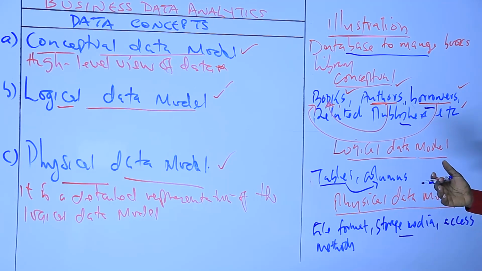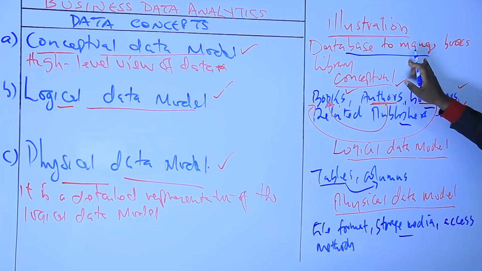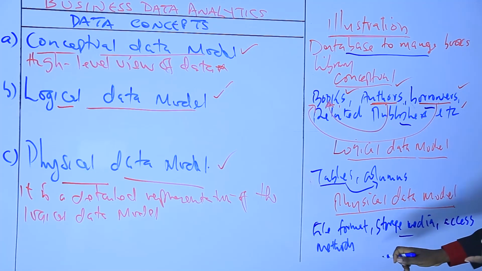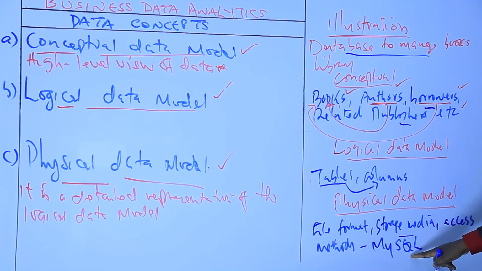And in this illustration of managing a library, the physical data model might specify that the database will be implemented, say, using MySQL, which is a structured query language, and that the books table, for example, will be stored in a specific file in the database.